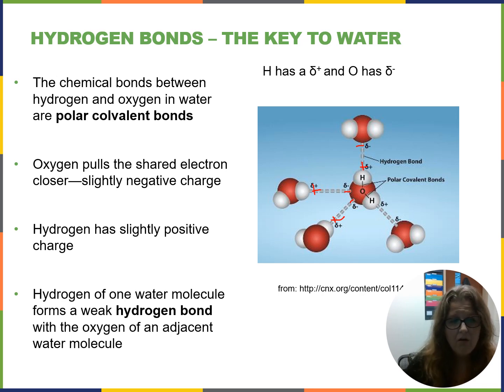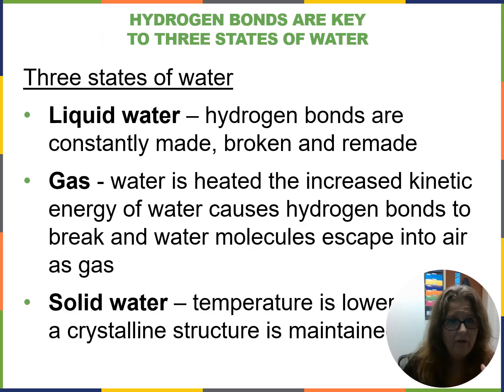So the more there are, the more they hold on to each other, especially at the surface. And even though these bonds, as the water molecules are moving around, are broken and reformed, they keep the water together. Let's talk about the three major states of matter for water. Liquid water: hydrogen bonds are made and broken and remade.